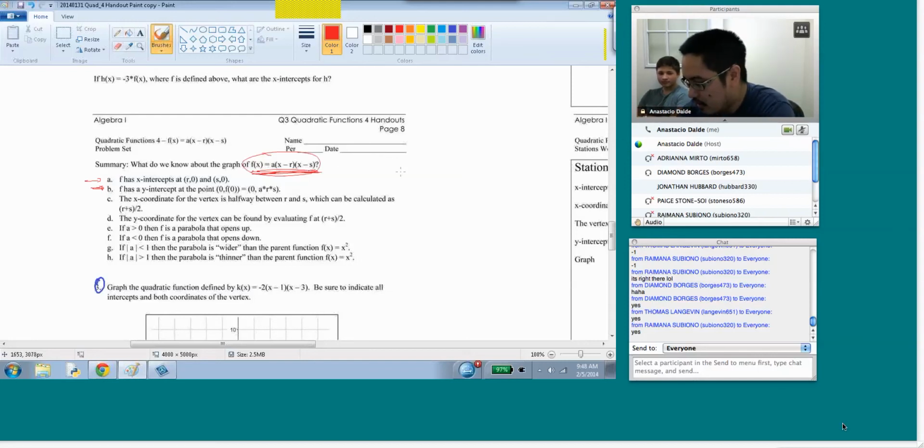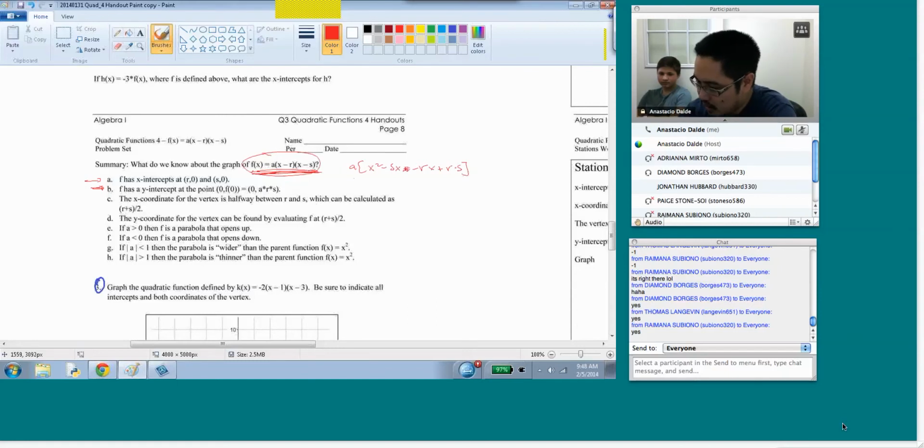If I were to multiply all of this out, I would have a times the first, outer, inner, last. So that would be x squared minus sx minus rx plus r times s. Are we cool?